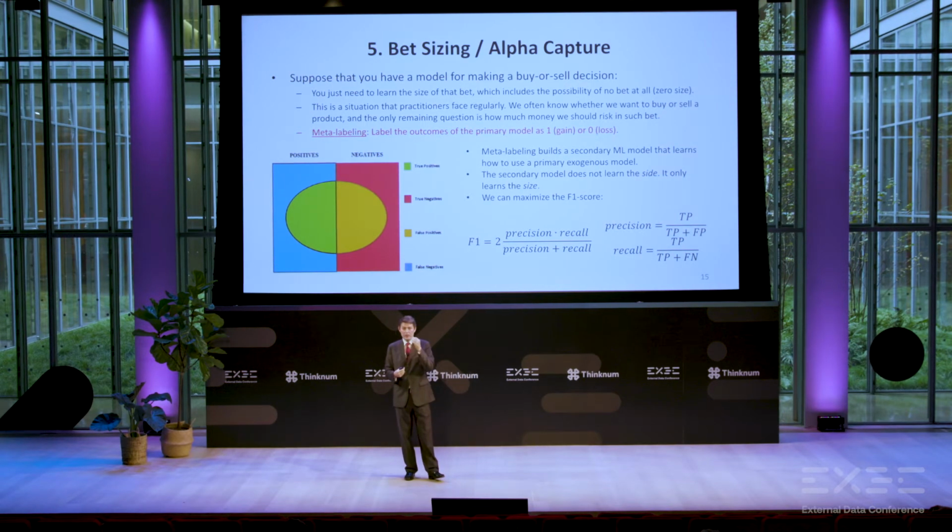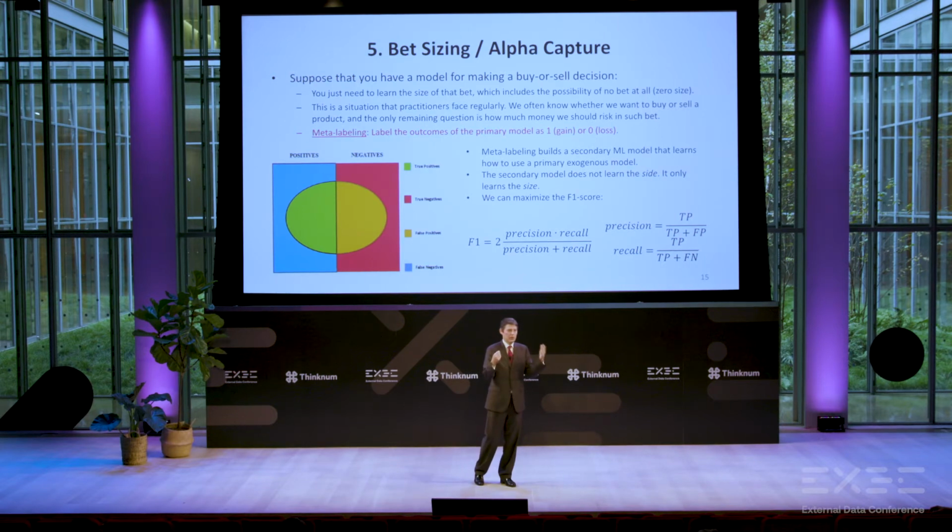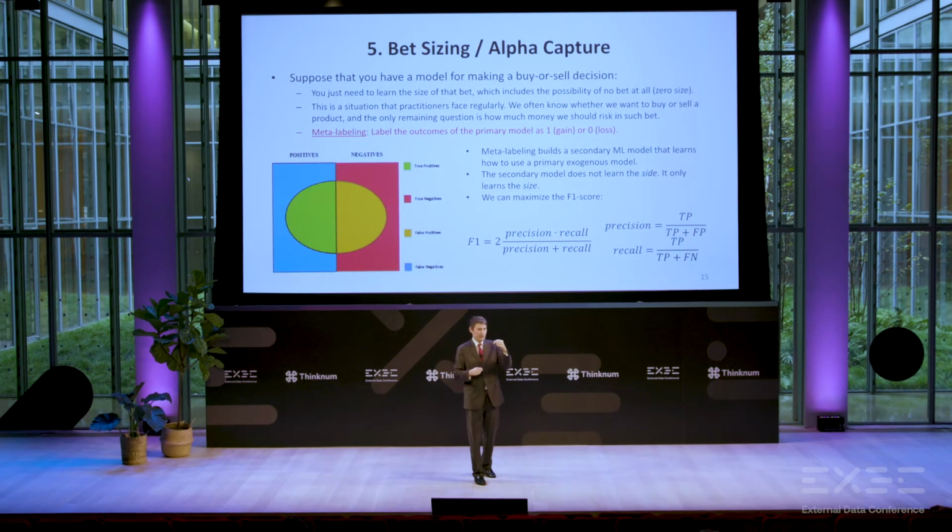Because they are able to exchange some of the recall of the underlying algorithm in exchange for higher precision. So suppose, for instance, that you have an algorithm that trades every minute. It trades all the time with a precision of essentially 50%. You know, it's just like tossing a coin, but it trades all the time. You can impose an algorithm on top and exchange some of this recall, some of this constant trading, for a higher precision.